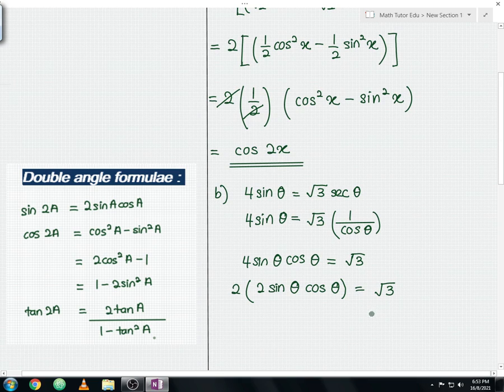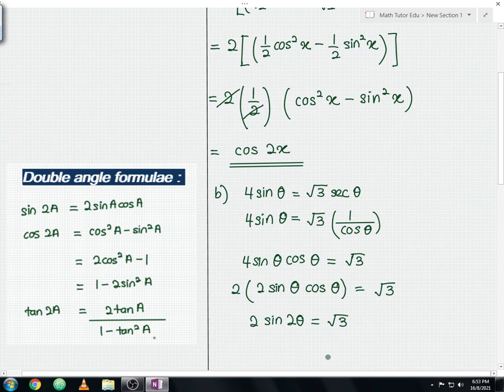As I mentioned, sin 2 theta is equals to 2 sin theta cos theta. So from here I can just substitute this expression into sin 2 theta. So from here you get 2 sin 2 theta is equals to square root 3.